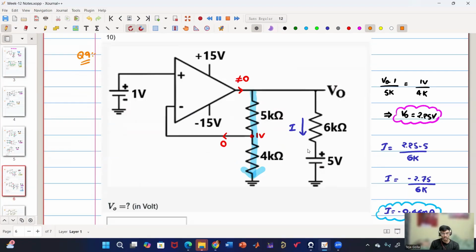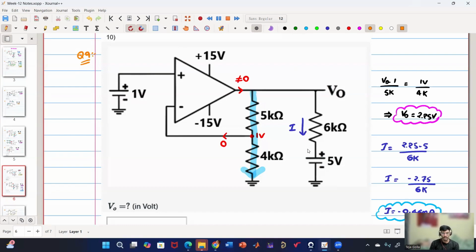How are you telling that it is in the downward direction? It can vary even if you consider from bottom to top. I'm asking whether the answer will change. If you consider current flowing from bottom to top and write the equation for KCL, check and let me know whether V naught will change or not, because it is not direction dependent, right? I'm basically applying KCL.